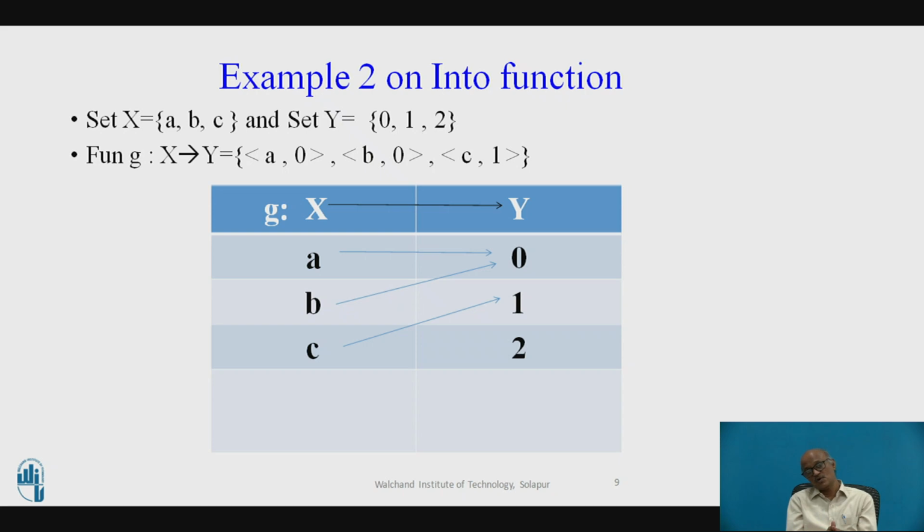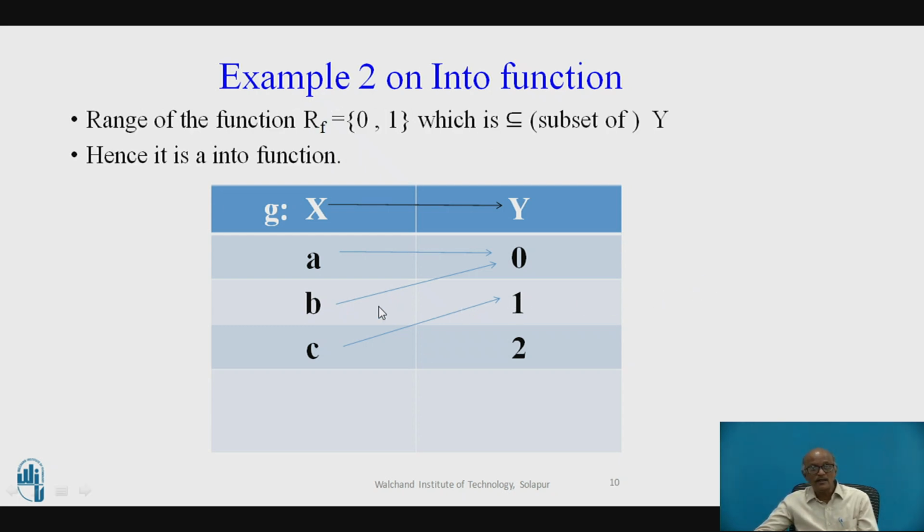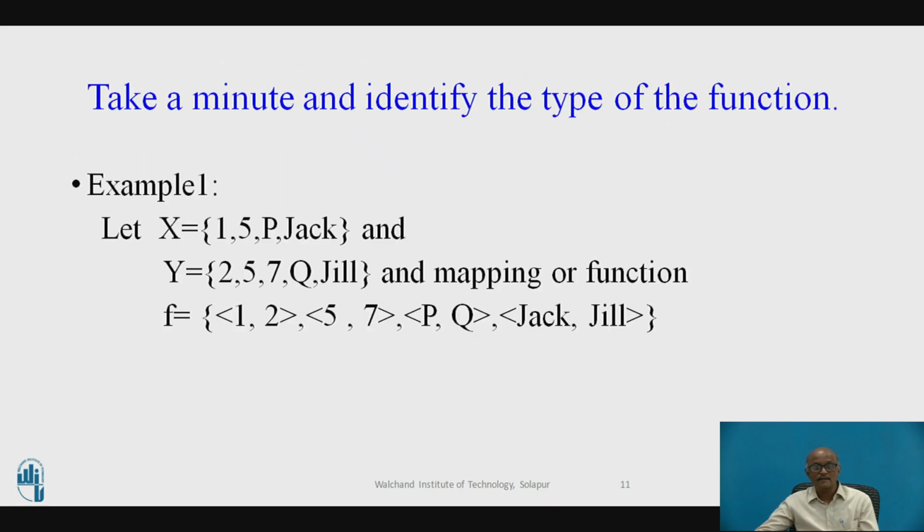Hence, it is called an into function. The same thing is mentioned in the next slide. The range of the function, R of f, is equal to 0, 1, which is a subset of y, hence it is called an into function. Now, let us go to the next slide.